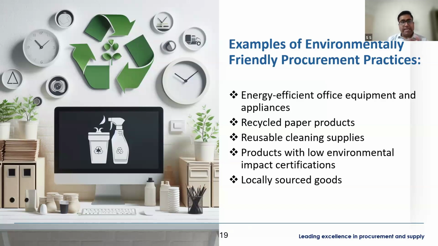Sony, everyone has heard of Sony? Sony has a program where they only purchase computers and monitors that meet specific Energy Star standards. Energy Star is a joint program of the US Environmental Protection Agency and the US Department of Energy that helps businesses and individuals save money and energy by using energy efficient products.